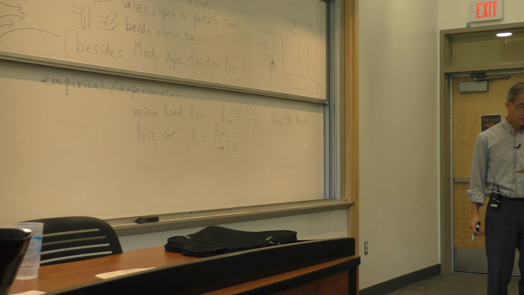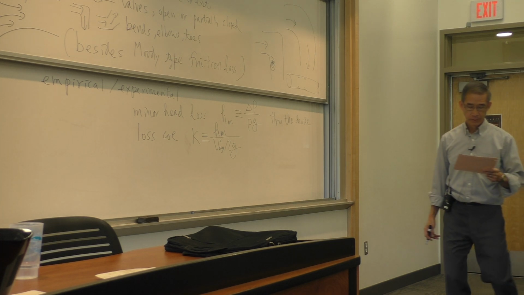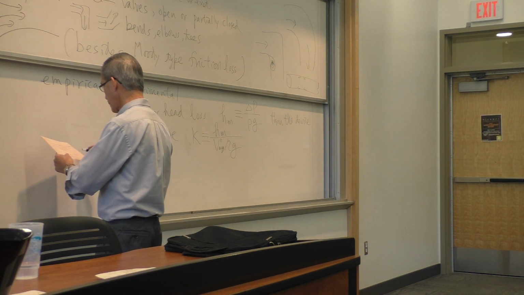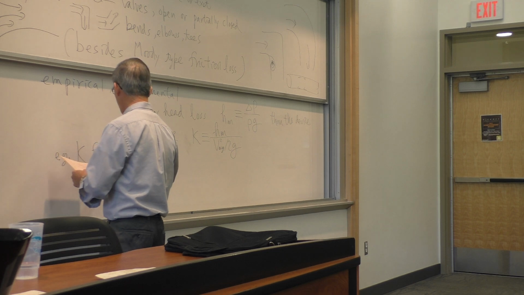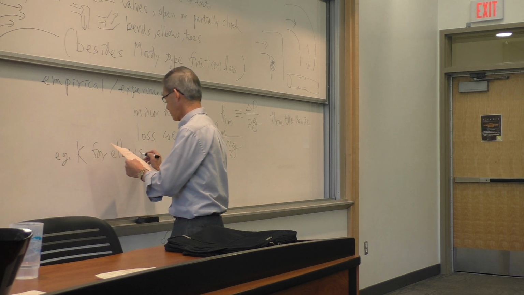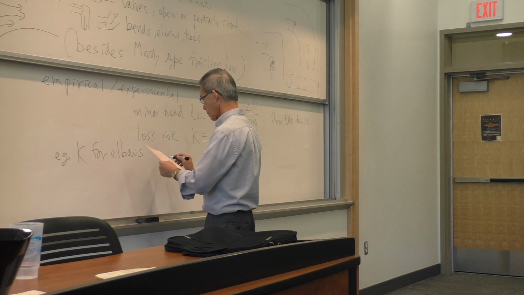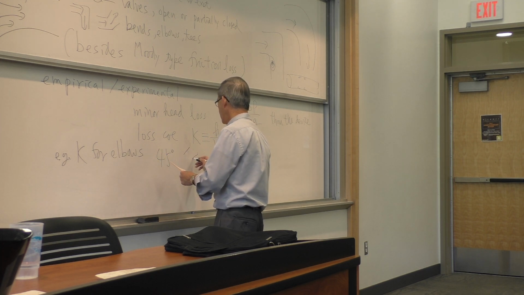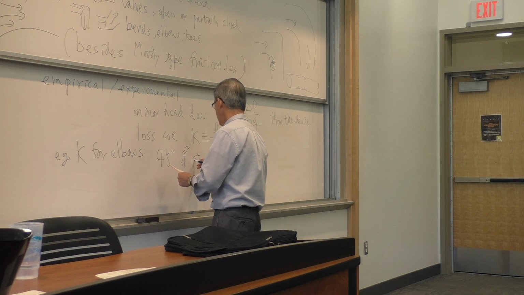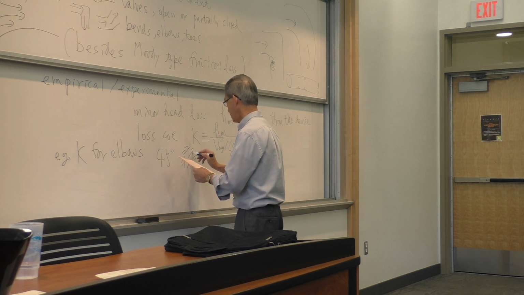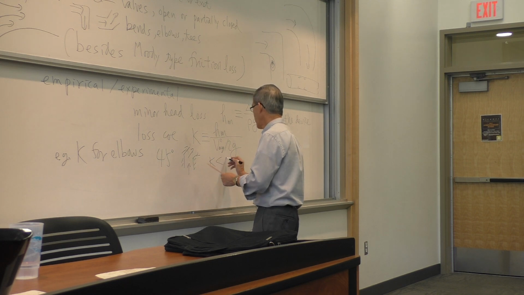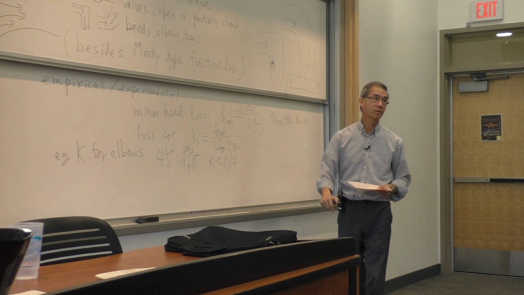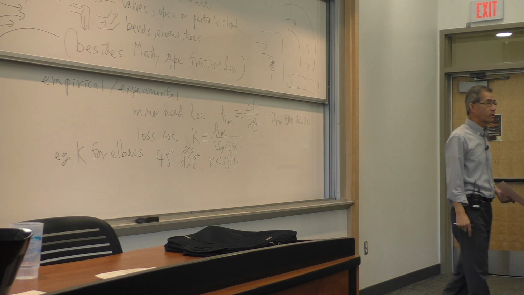Okay? So my job then as the manufacturer of all these devices that I'm trying to sell to you is to give you those K values. And as an example, just one example, a 45-degree elbow, and depending on the turn radius relative to the pipe diameter, the K value may be something like 0.4.